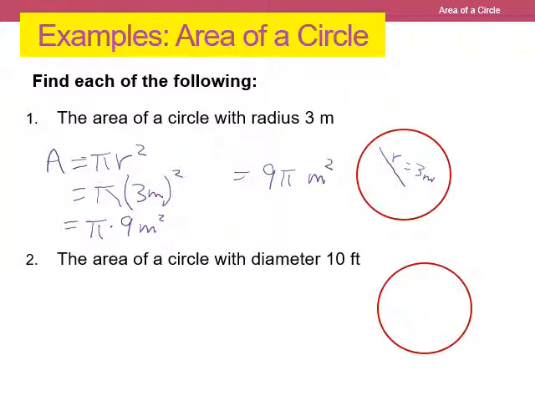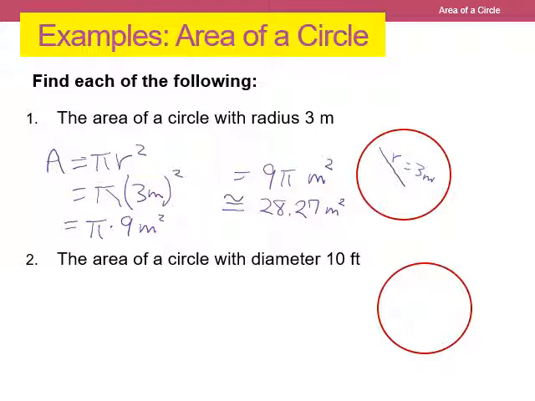So in other words, if we covered that circle with squares, we would have 9 pi of them. And if you put 9 times pi in your calculator, you'll get 28.27 square meters. So if I covered that circle with squares, there would be 28 and another piece of a square. Now the second problem is a little different.